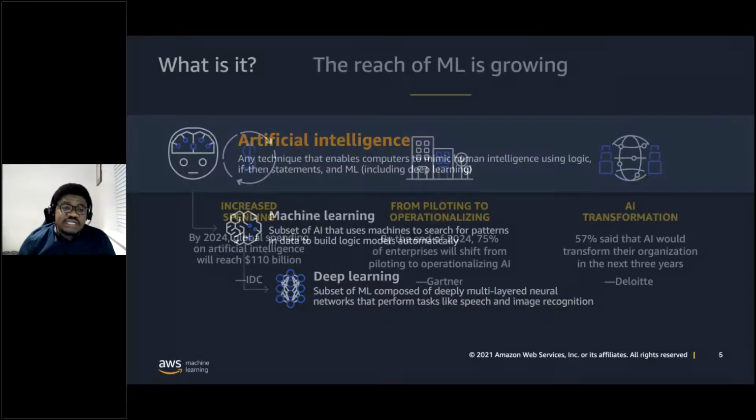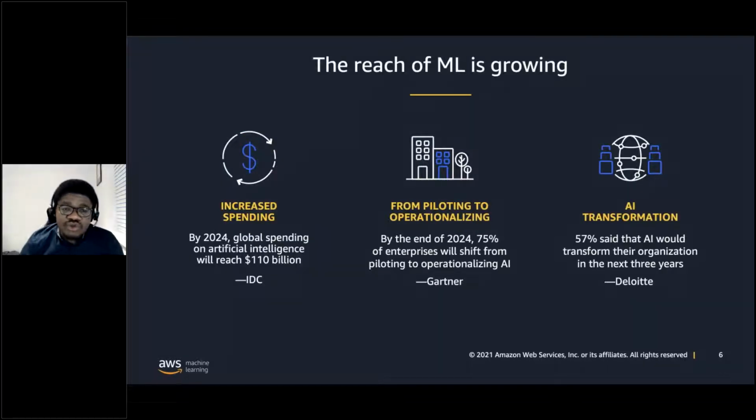What we've also seen at AWS, and what the analysts have also put forward, is that ML is growing. Originally, this was a technology only accessible to big corporations with large capital expenditure to buy the physical infrastructure and invest in the human capital to build machine learning models. But we've seen that growing over the past couple of years.